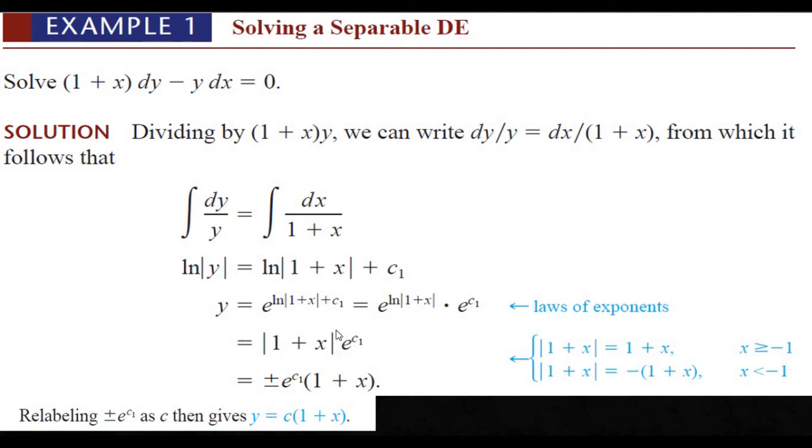Since we have an absolute value, it means that y is equal to plus or minus e to the power c1 multiplied by 1 plus x. Relabeling plus or minus e to the power c1 as c, we can write y is equal to c multiplied by 1 plus x. The solution of our differential equation is y is equal to c times (1 plus x).